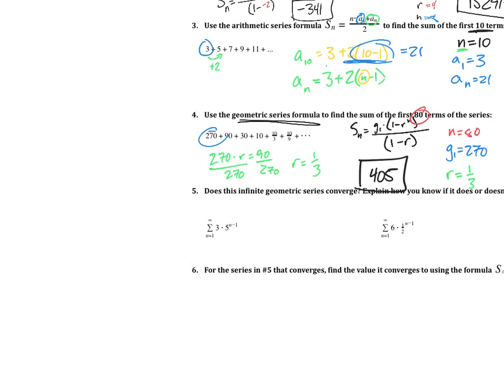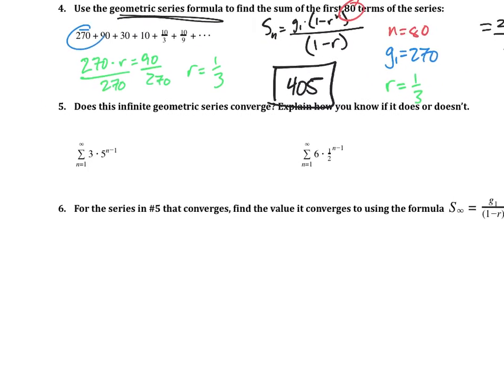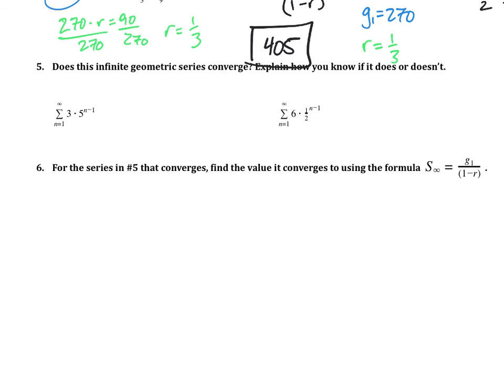So there it is. Okay, the next ones say, do the infinite geometric series converge? Explain how you know if it does or doesn't. Okay, so what we're looking for is series with a ratio between 1 and -1.